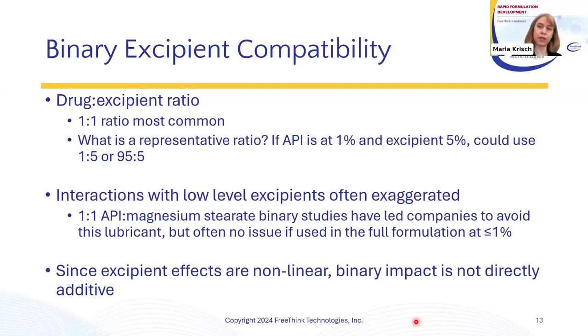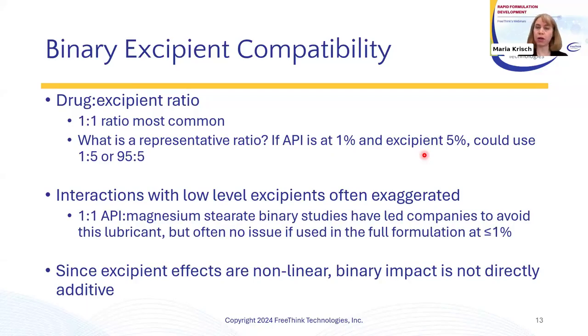But there's also ways to do this where you try to do a representative ratio. But the question then becomes, what is a representative ratio? And this is actually difficult to uniquely define. So to take an example, if you have an API at 1% drug load and an excipient at 5% drug load, the question is, what is a representative ratio to use for this binary mixture?